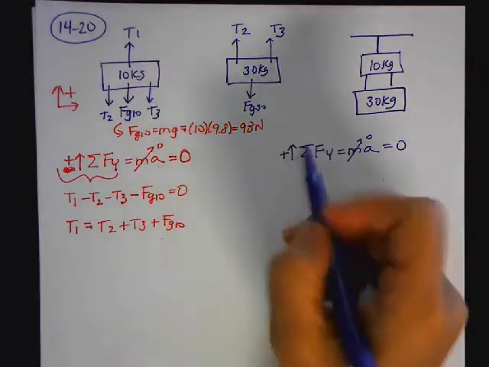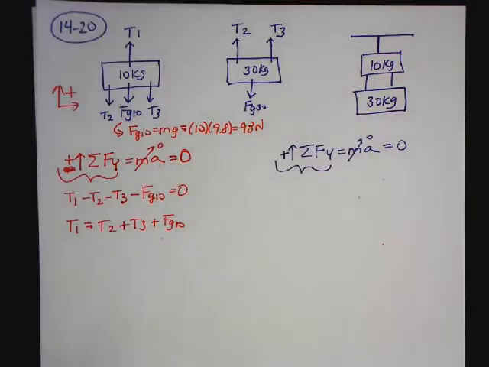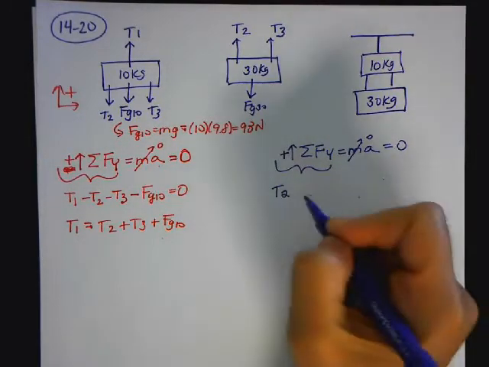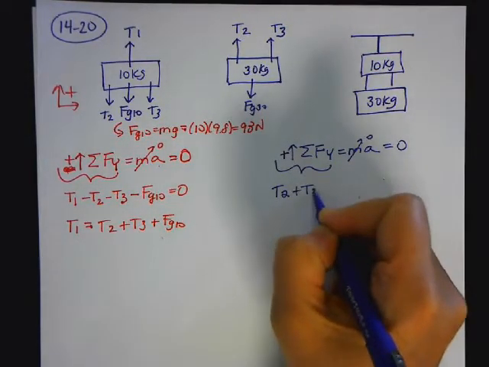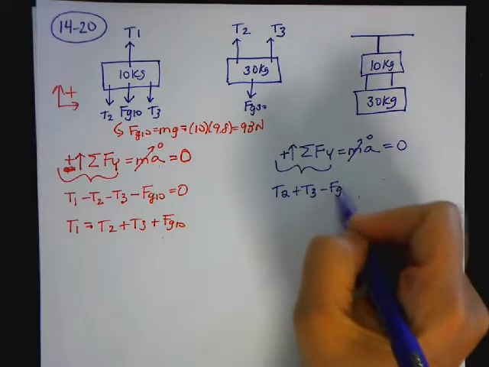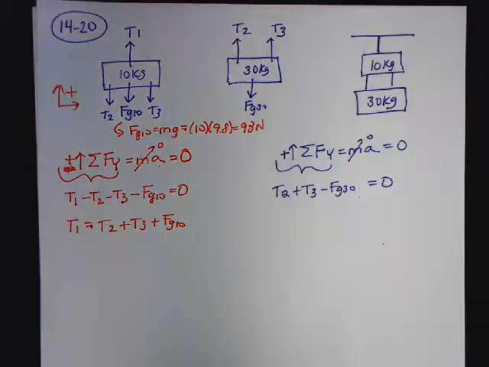Okay, so now what are we going to do? We're going to add up all the forces that are going in this. So if I look at my picture, T2 is positive, plus T3 is positive, minus FG30, and that's equal to 0.